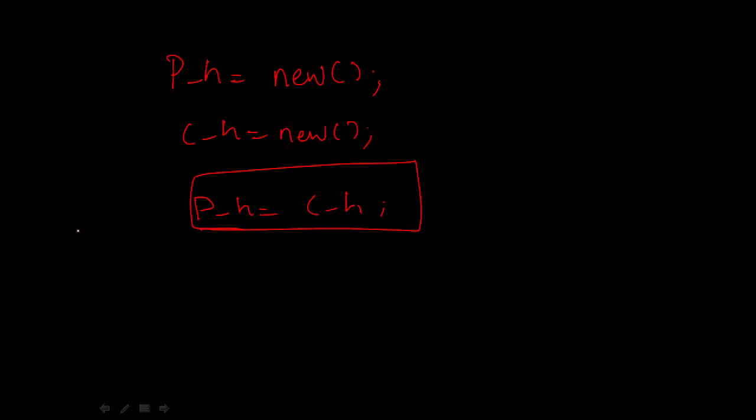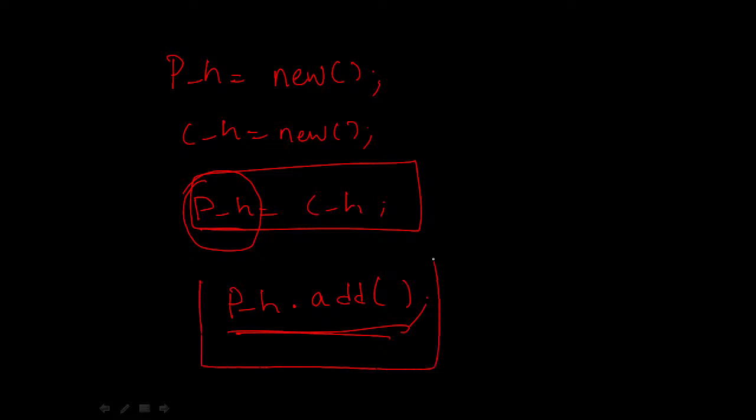Now, with the help of this parent class handle, I will try to call the method p_h.add. Which method will be called? The method which is present in the parent class or the method which is present in the child class?